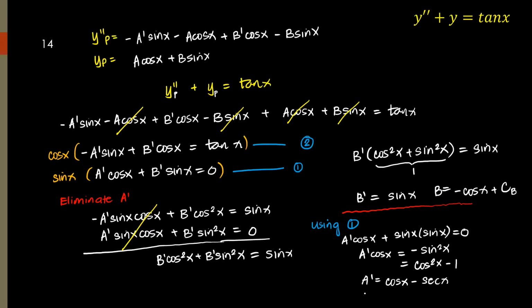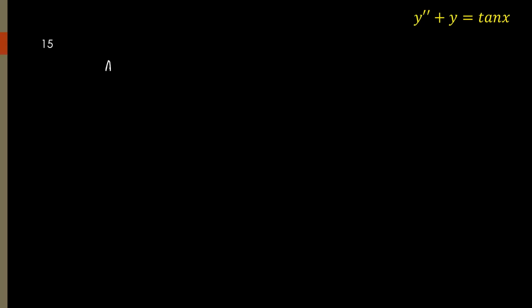What we need is a. How do we solve for a? So a is the integral of cosine x minus secant x. Therefore, a is simply sine x minus ln of secant x plus tangent x plus the constant in solving for a.